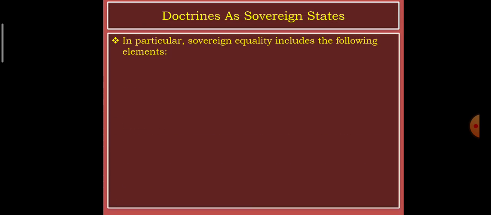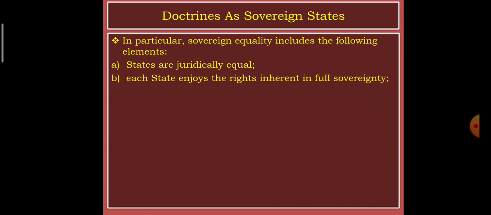In particular, sovereign equality includes the following elements. First, states are juridically equal, that is, the legal system and administrative system are equal to all. The international administrative or legal system is equal to all. B. Each state enjoys the rights inherent in full sovereignty.